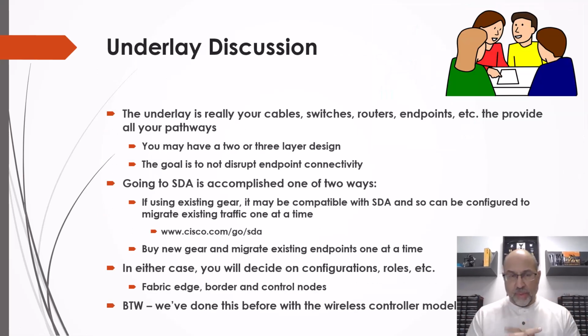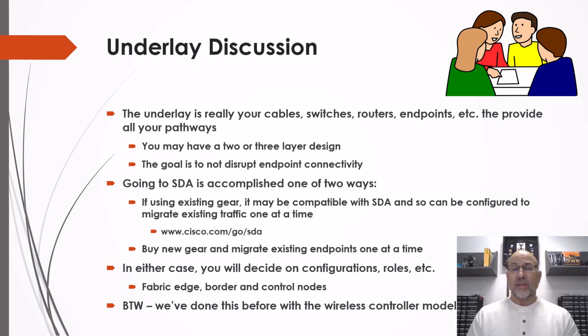So let's talk a little bit more about the underlay. It's pretty straightforward when you think about devices, right? We've got our switches, we've got our routers, we've got our endpoints, we've got our cabling, all that stuff that we're going to use to send traffic along our pathways. And it doesn't matter if you have a 2-layer design or 3-layer design. Remember, we're not talking SOHO networks, we're talking campus.